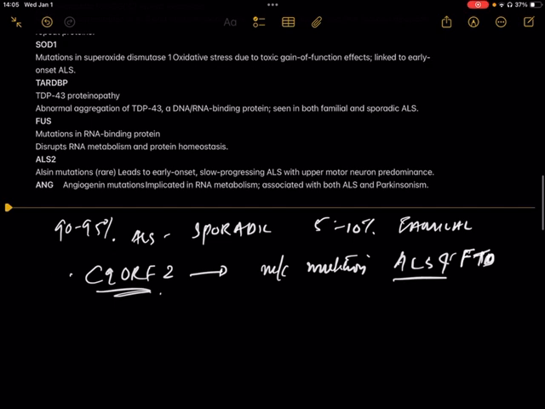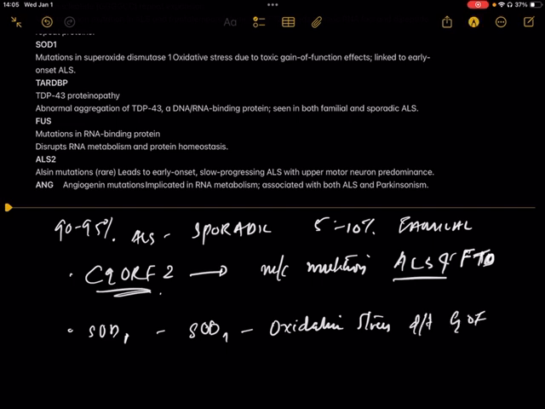Next mutation is SOD1, which is a mutation in superoxide dismutase 1, resulting in oxidative stress due to a gain of function effect, linked to early onset ALS.